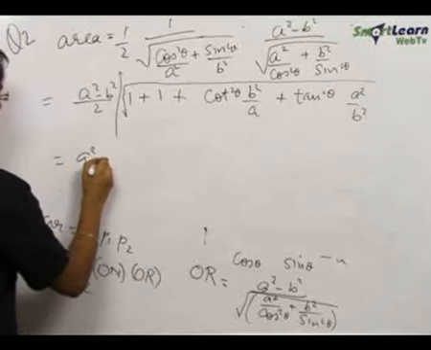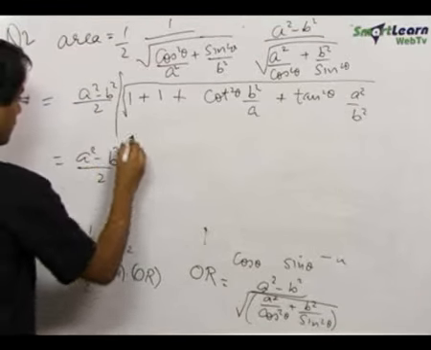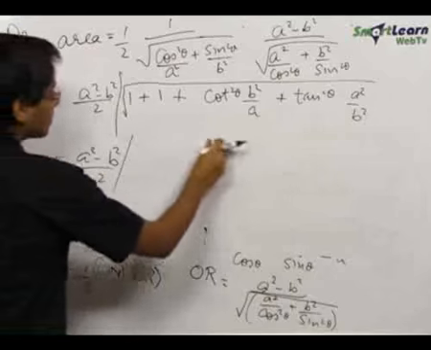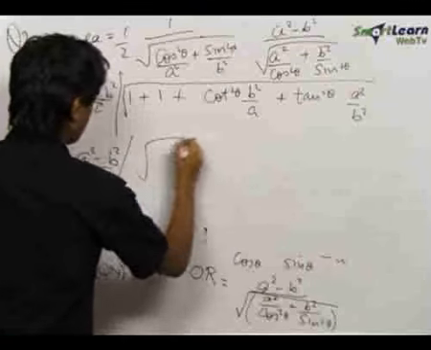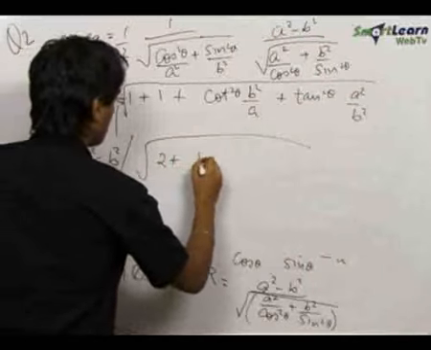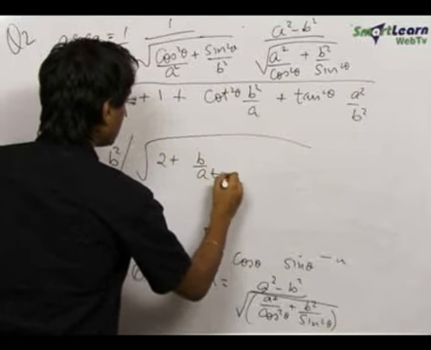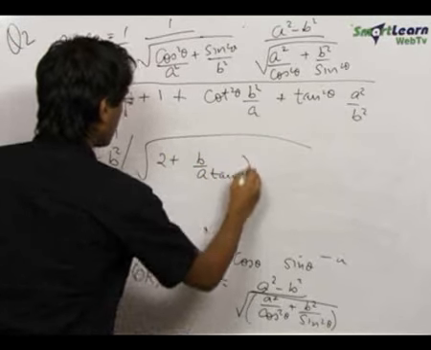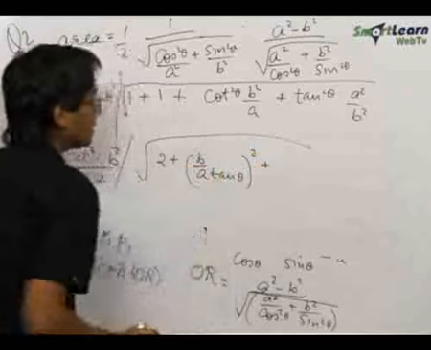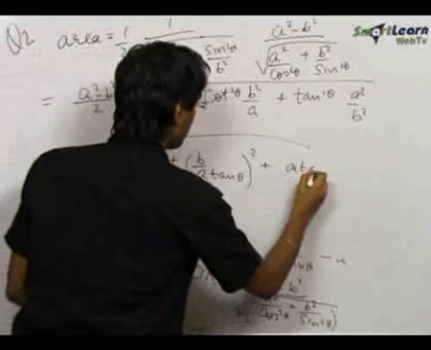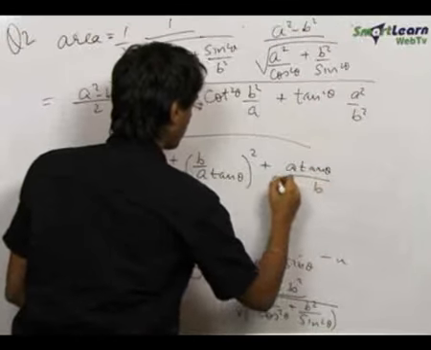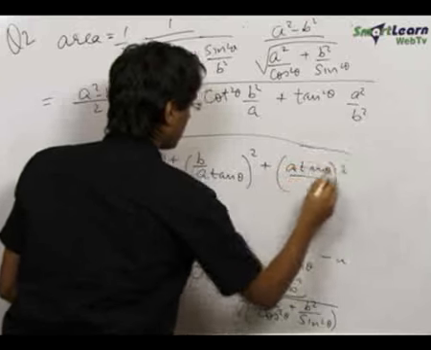This becomes a square minus b square by 2 divided by under root of 2 plus b by a tan theta whole square plus a tan theta by b whole square.